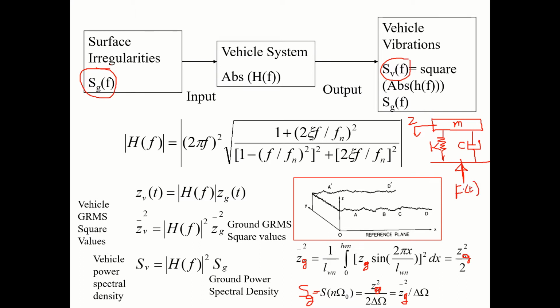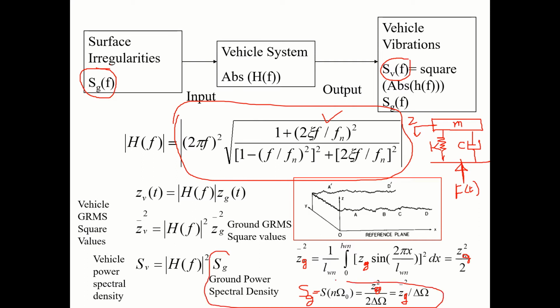Writing the differential equation and finding the transfer function, I can reduce it to this form, right? So this equation represents the system. This represents the power spectral density of the excitation source. Then I should get the vehicle power spectral density.